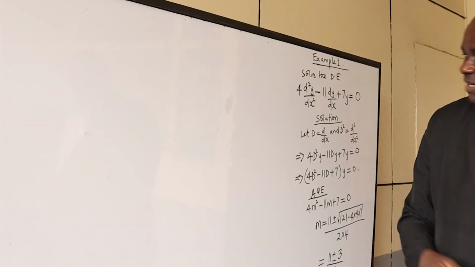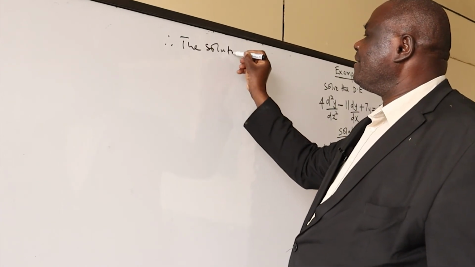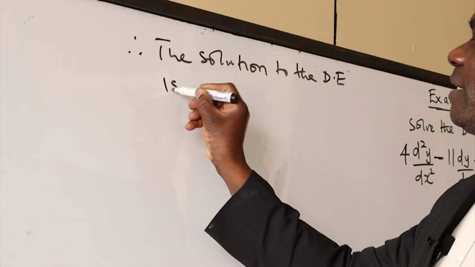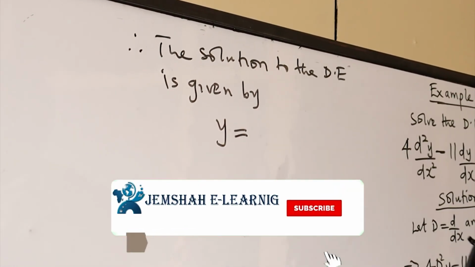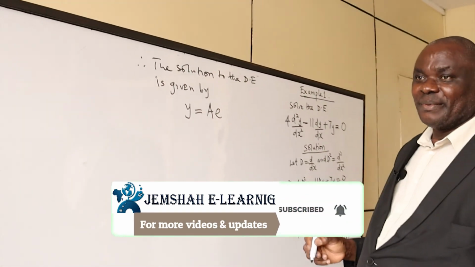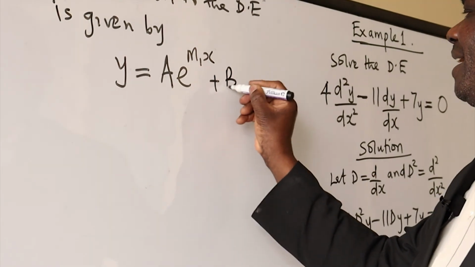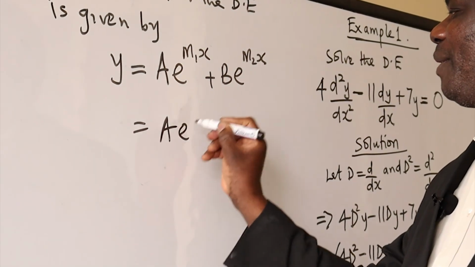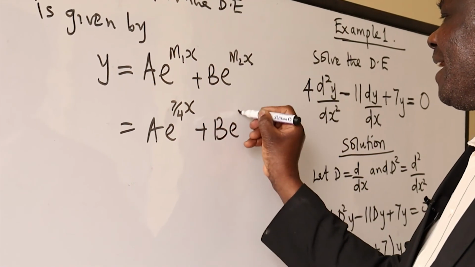Therefore, the solution to the DE is given by y being equal to arbitrary constant A multiplying e power m1 x plus B e power m2 x, which is now equal to A e power 7 all over 4 x plus B e power 1x.